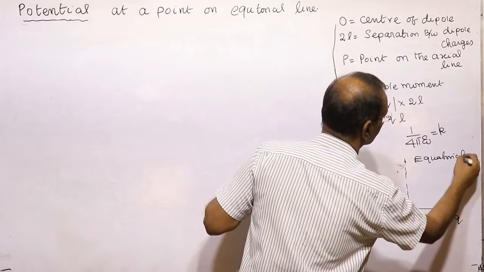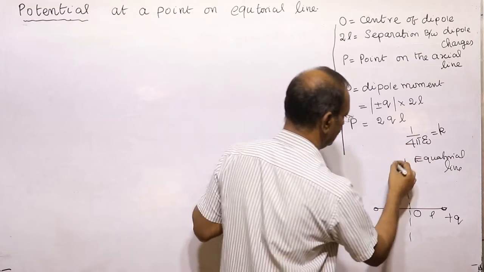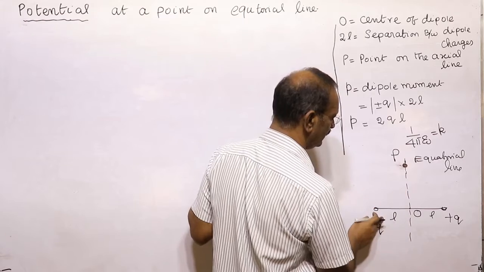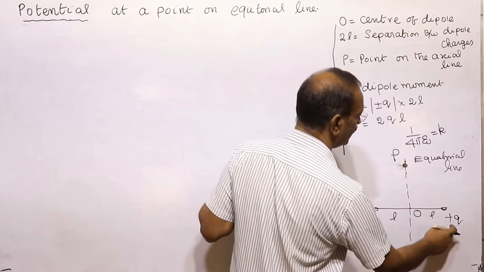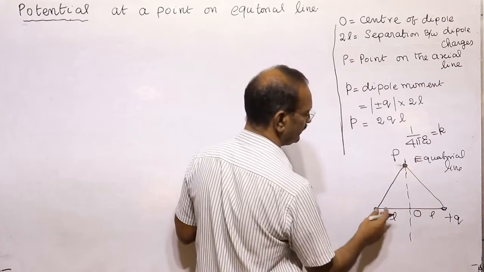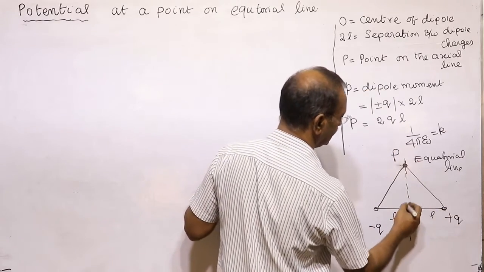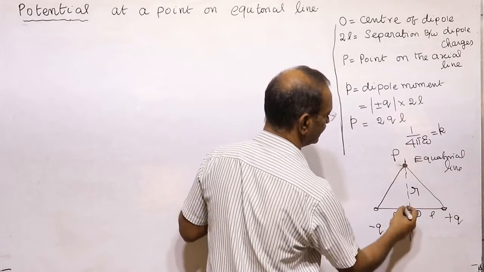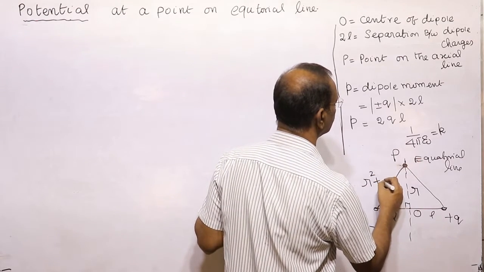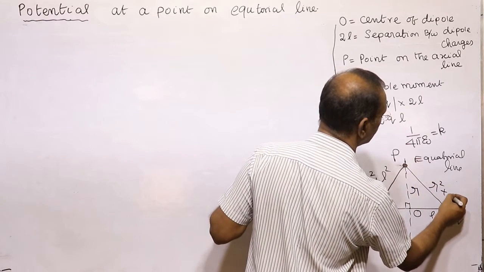At any point P on the equatorial line, we want to find the electrical potential due to the minus q charge and the plus q charge. Let us draw lines like this. Both lines are the same distance, since each charge is the same distance from the center. Let us call this distance r. By Pythagoras theorem, the distance from each charge to P is the square root of r square plus l square.